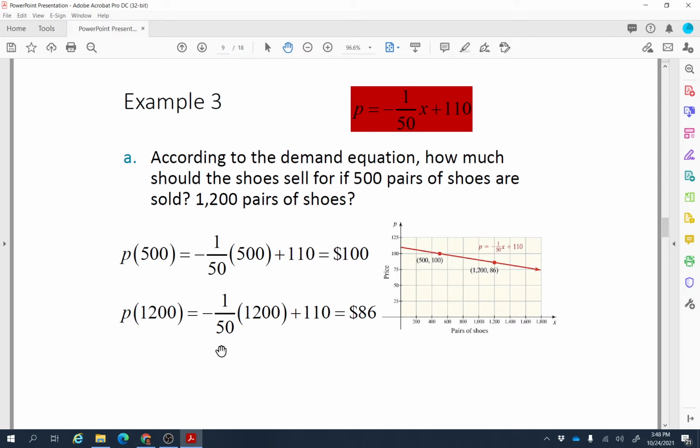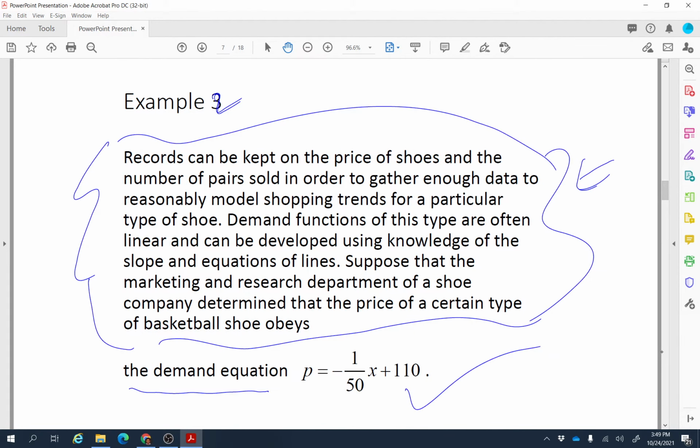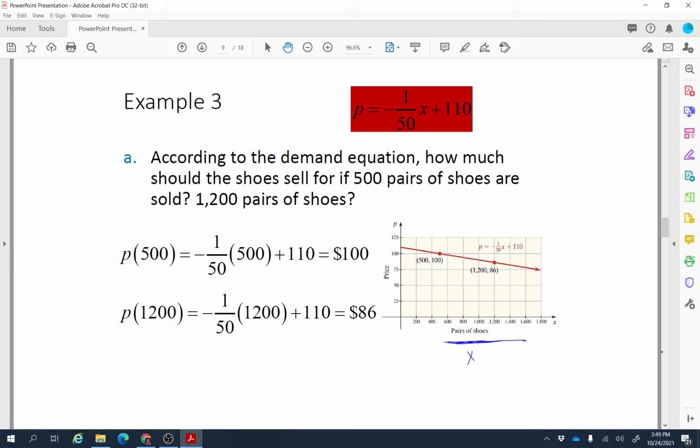If you put that information on the graph, where the x-axis is the pairs of shoes, x, and the other axis is the price, these are the 2 points we are going to get. And by using these 2 points, we can find this equation. That's what we were given already.